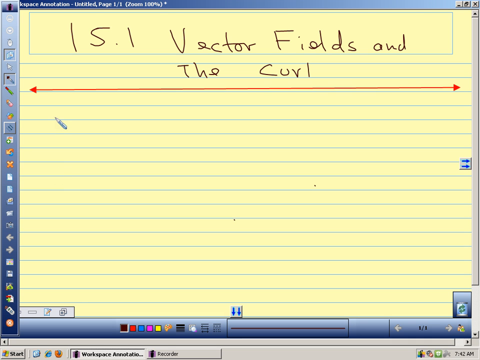So far we've studied several kinds of functions. We've talked about just a function of a single variable where our input is a real number and our output is a real number. We've studied functions of multiple variables where input is multiple real numbers and our output is a real number.